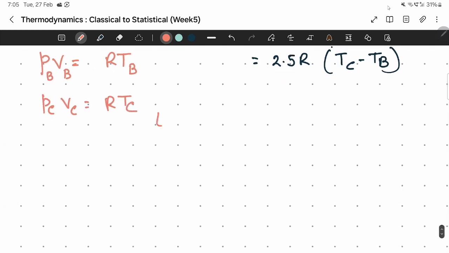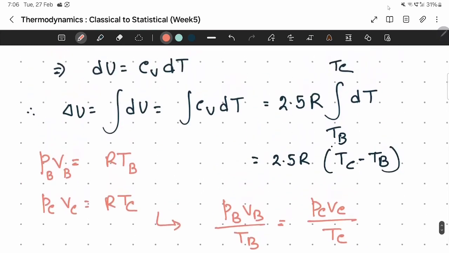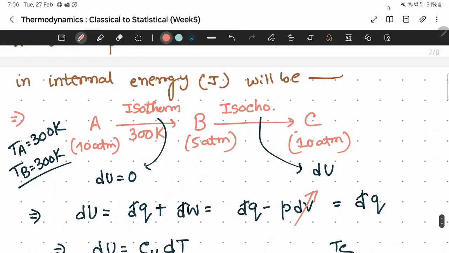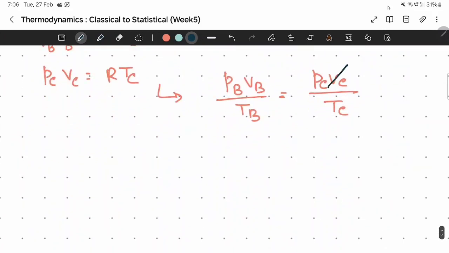So PB VB by TB equals PC VC by TC. And VB and VC, this is an isochoric process, so VB and VC should be the same, so we can cancel it out.